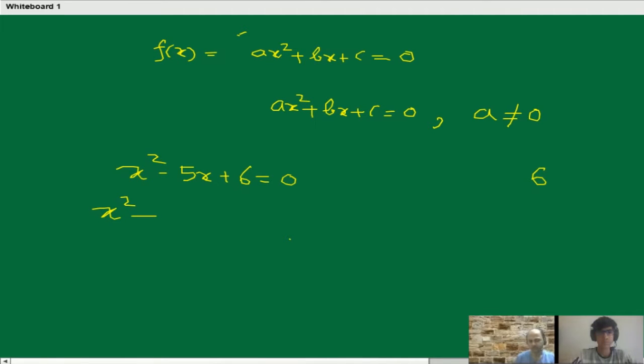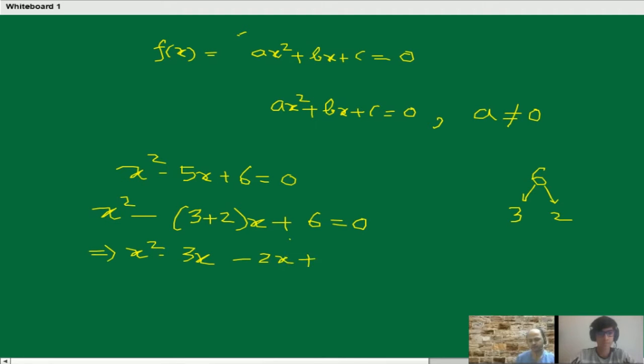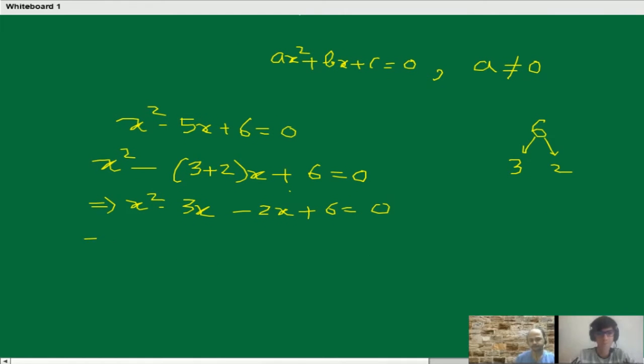So here, first, as you mentioned, the coefficient of x square is 1. So 1 times 6. We have to find two factors of 6 so that their sum would be 5. You rightly said. So what we can do: x square minus 3x minus 2x plus 6 equals 0.